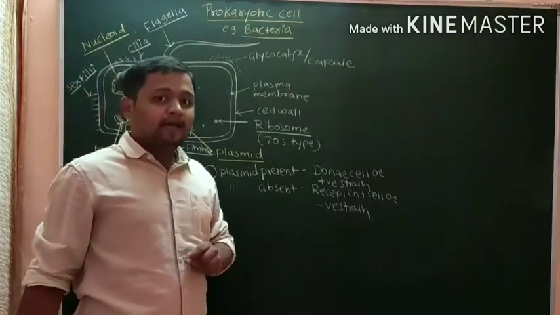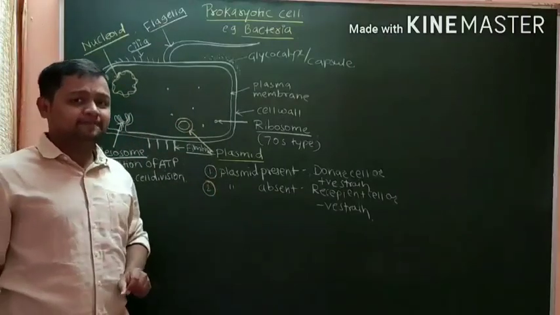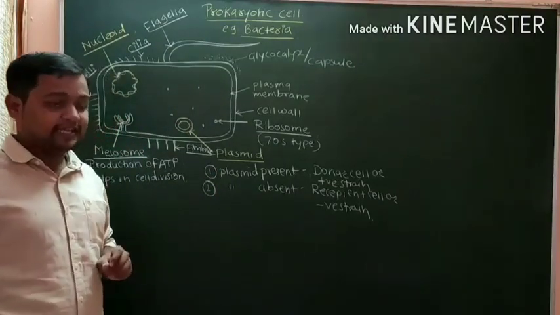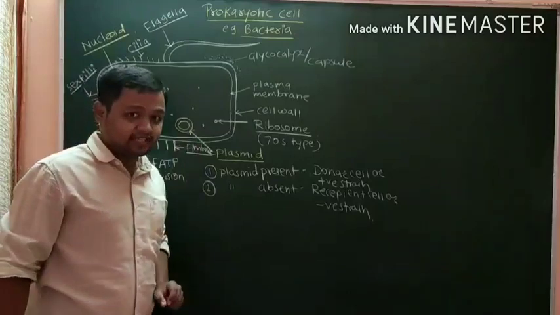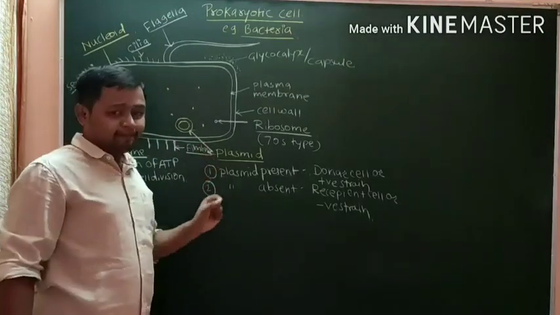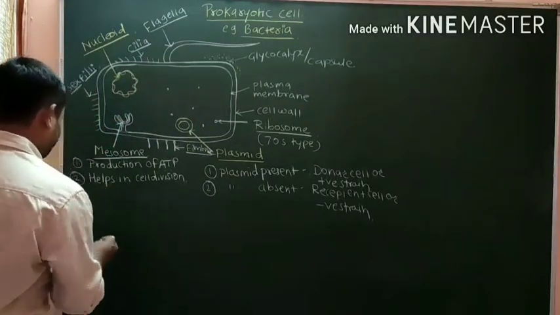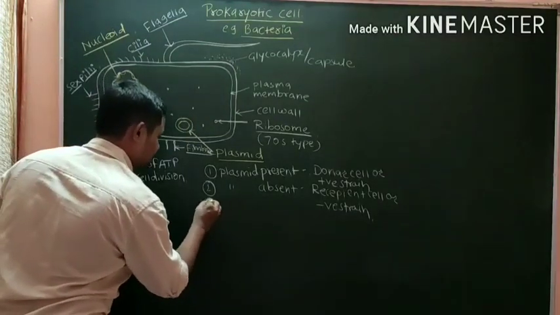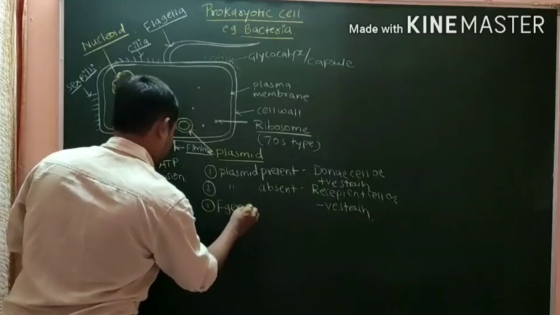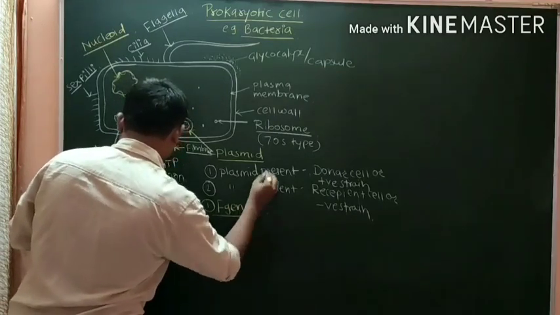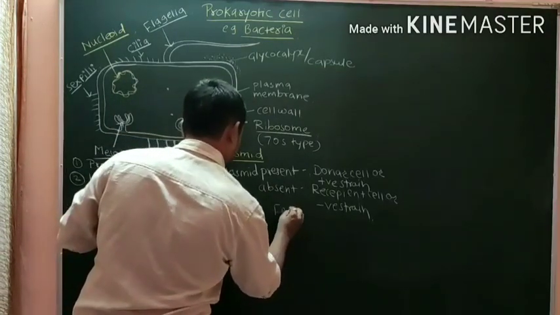Now, plasmid is autonomous self-replicating extrachromosomal DNA, meaning it contains genes. Mainly, the bacterial plasmid contains 3 types of genes. The first one is the F gene, which is the fertility gene.